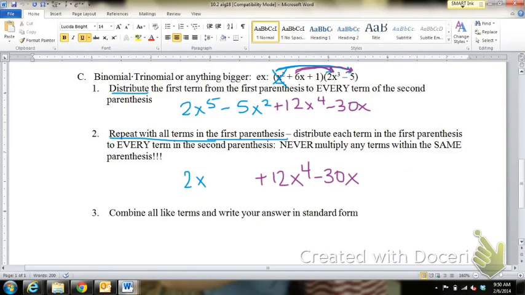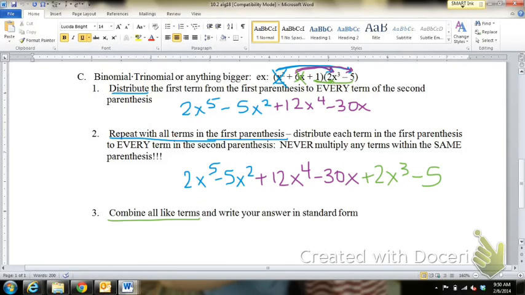Okay, 2x to the 5th minus 5x squared. Okay, now I'm going to do it one more time. And because I did the 6x, he's done. So now I'm going to move on to the 1. 1 times 2x to the third is 2x to the third. And 1 times negative 5 is negative 5.